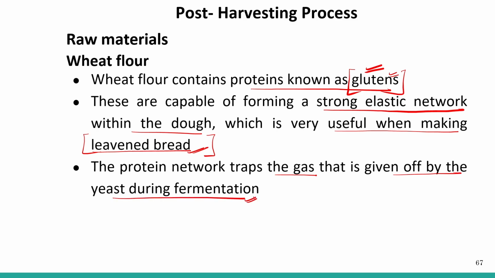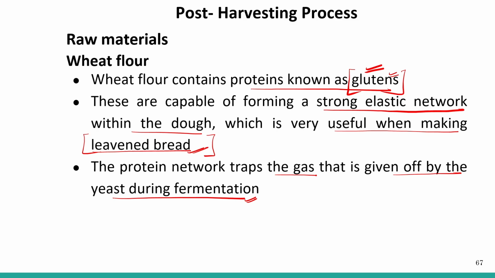For preparation of bread, we keep some yeast in the dough, and the yeast takes the dough material and carries out respiration, that is incomplete respiration, and that produces carbon dioxide.